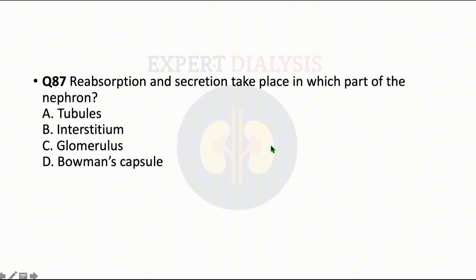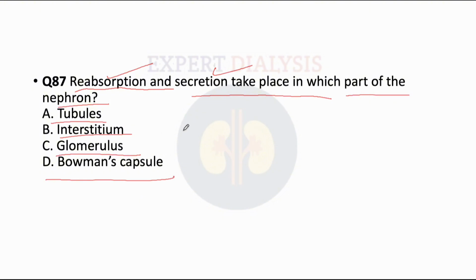Moving ahead to the seventh question of this part, it says reabsorption and secretion take place in which part of the nephron? Option A is tubules, option B is interstitium, option C is glomerulus, and option D is Bowman capsule.